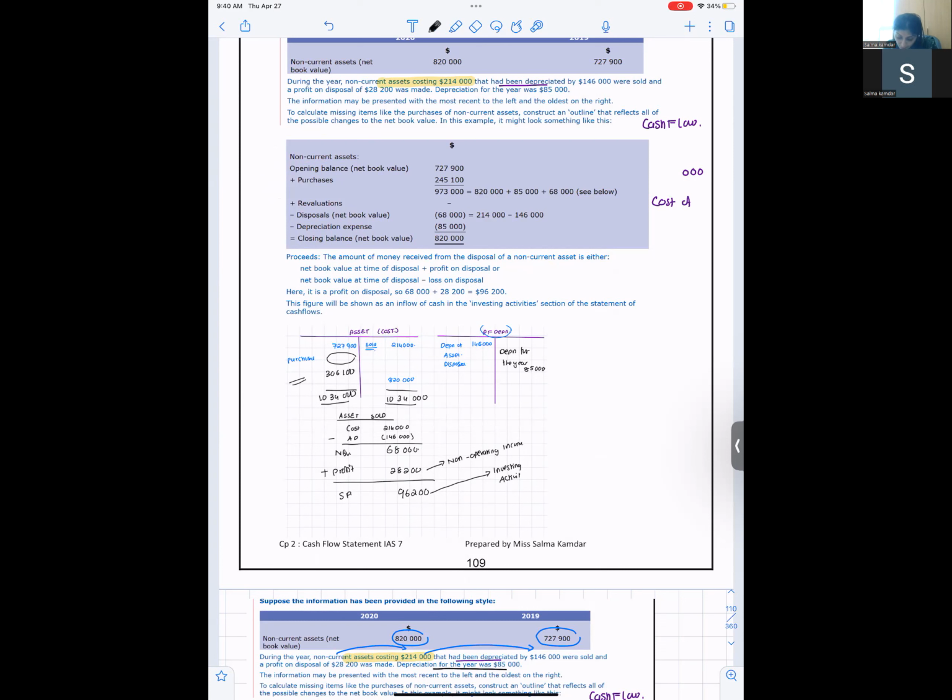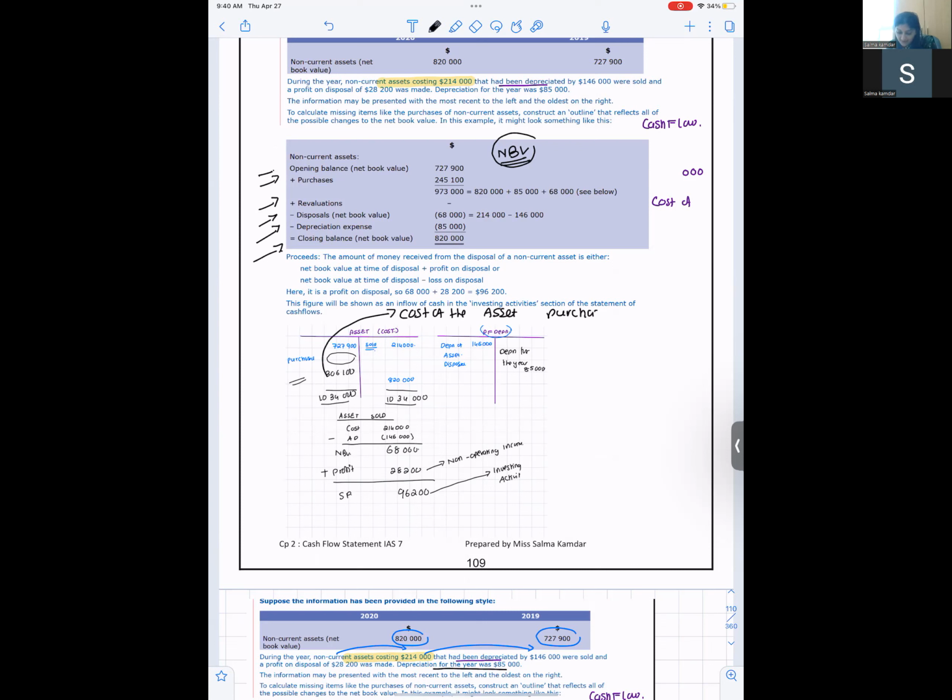If you make your non-current asset schedule at net book value, I will repeat, you will write opening balance plus purchase plus revaluation minus disposal minus depreciation, you will get your closing balance. 306,100 is the cost of the asset that you have purchased in the current year.